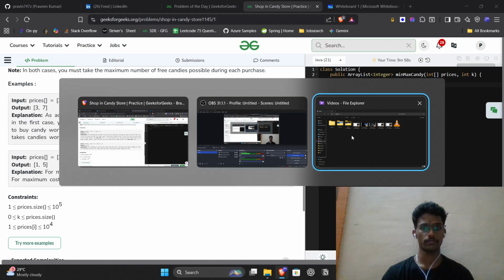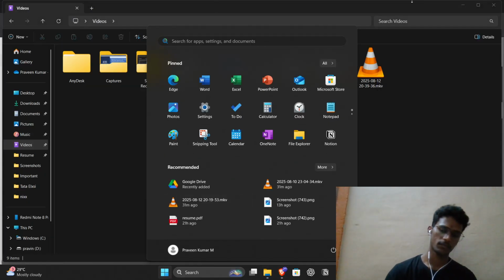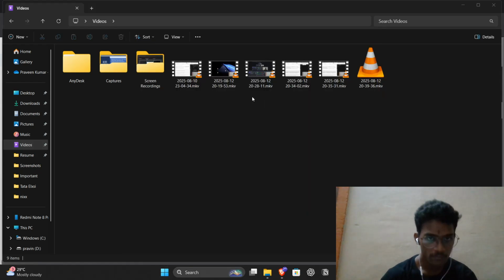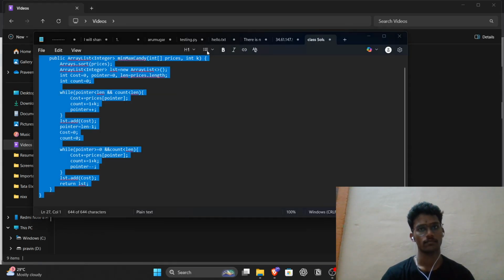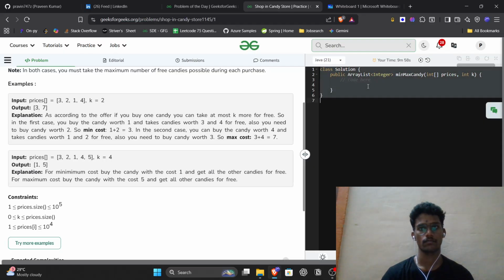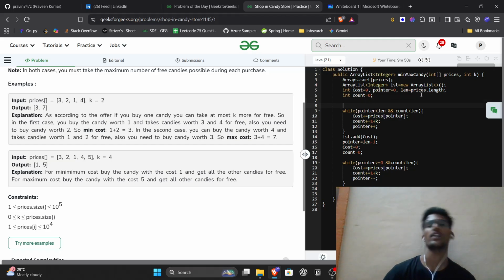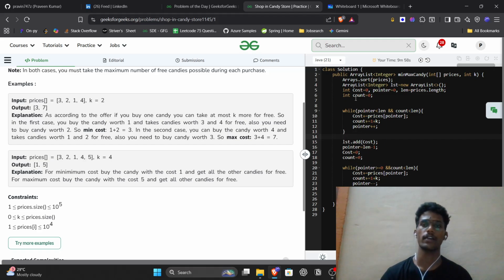The code is here. I'm using a two-pointer approach to solve this problem, and this code provides more readability than using a for loop. Here you can clearly understand I'm initially assuming the cost is equal to 0, pointer equal to 0.